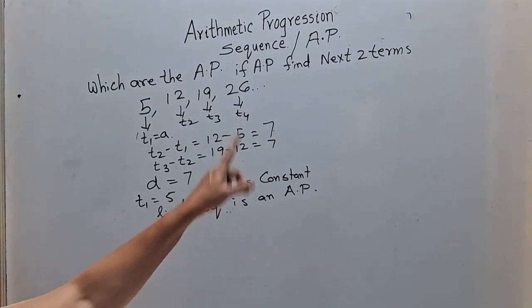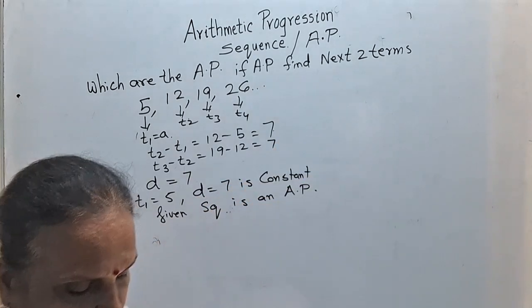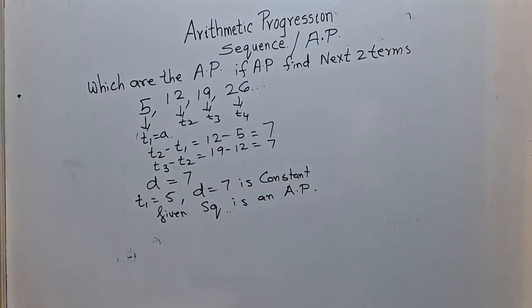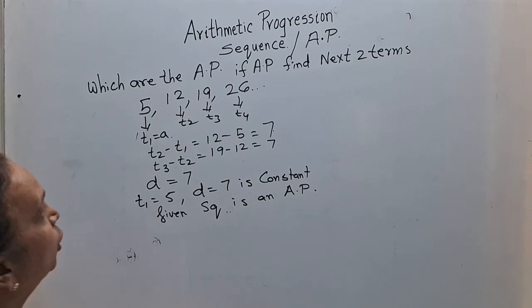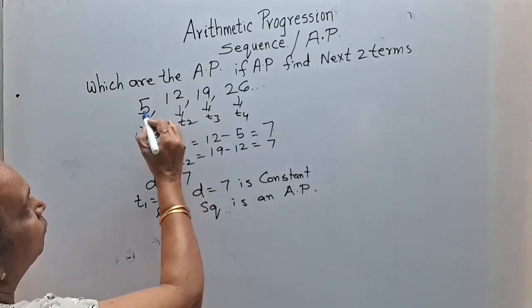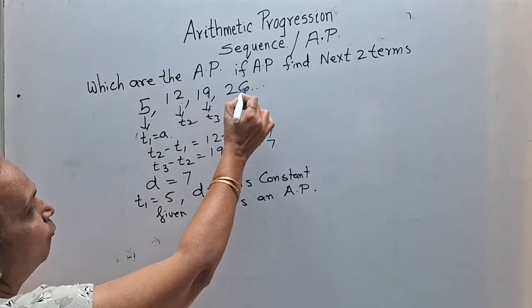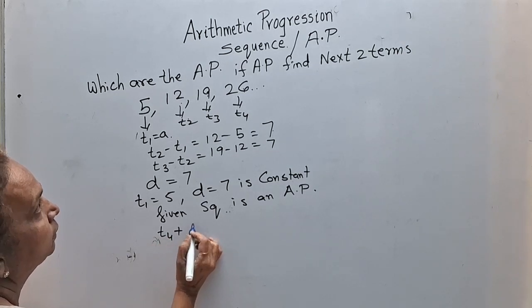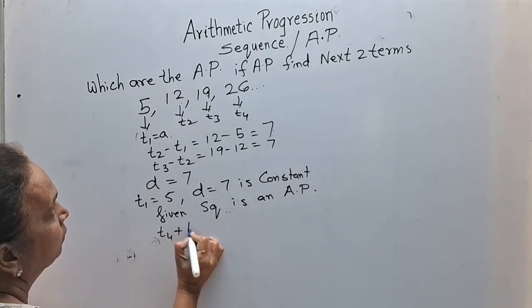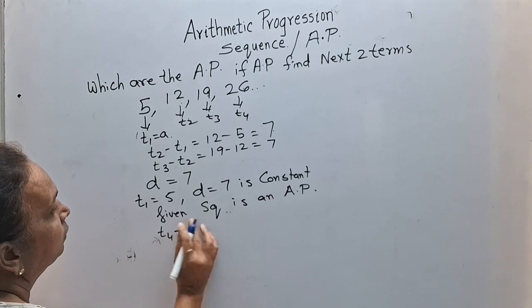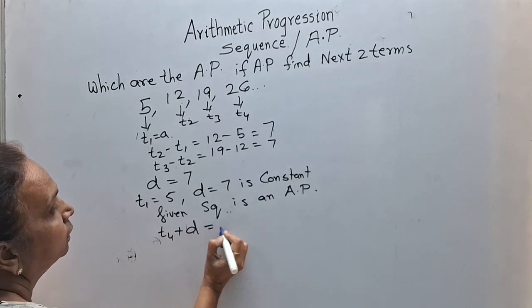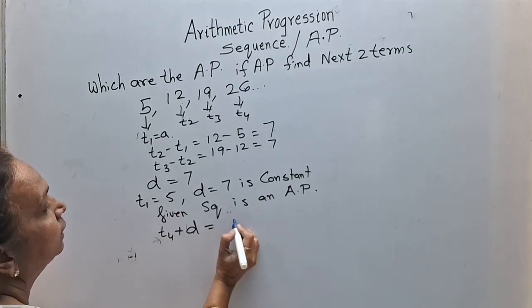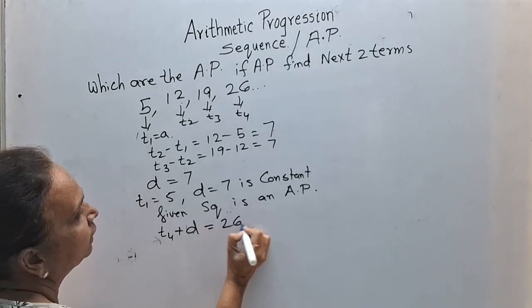Okay, now they have asked you, if it is an AP, find out the next two terms. So what you are going to do? Just now I told you, in AP you are just adding, right? So you are just going to write, T1, T2, T3, T4. Yes, so T4 plus D is equal to T5. Yes, T4 is how much? 26.